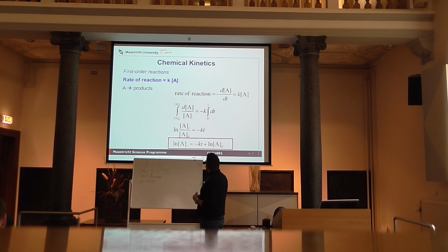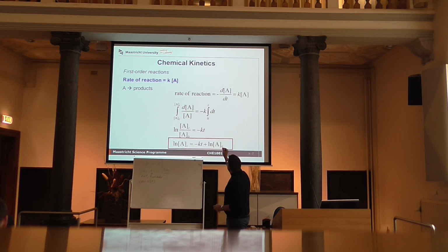Now, we know, this is a fact of life, that the rate of the reaction is the change in the concentration of A, minus the change in the concentration of A, because remember, it's a reagent, it's reacting away, divided by the change in time.